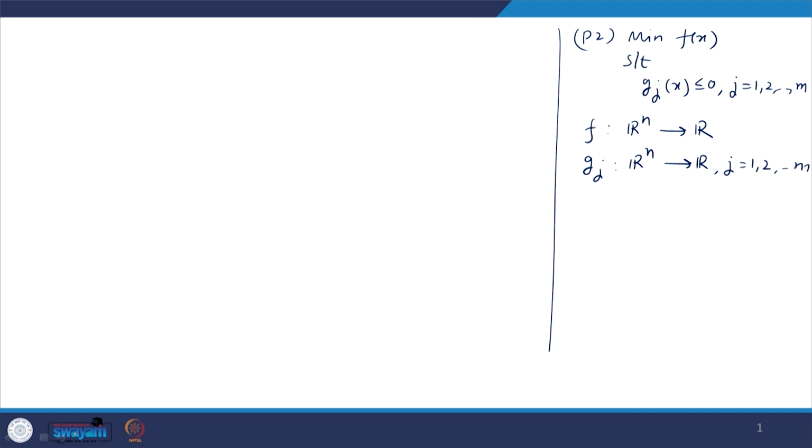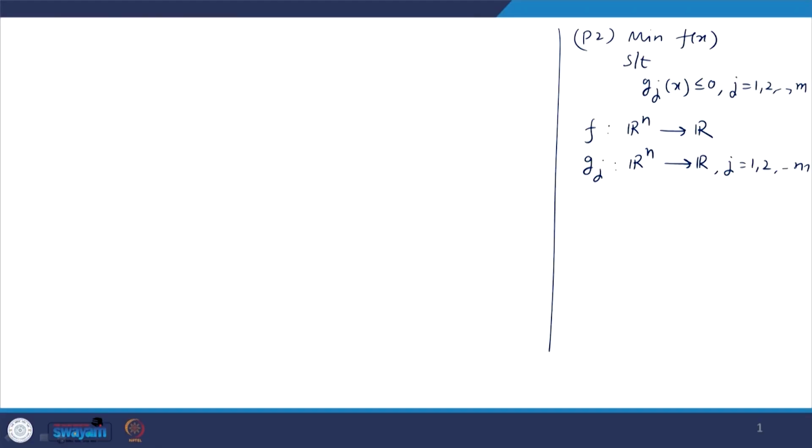Now, we have to show that a point which satisfies the Karush-Kuhn-Tucker conditions will be a global minimum point of the problem P2, and of course the problem is a convex programming problem.